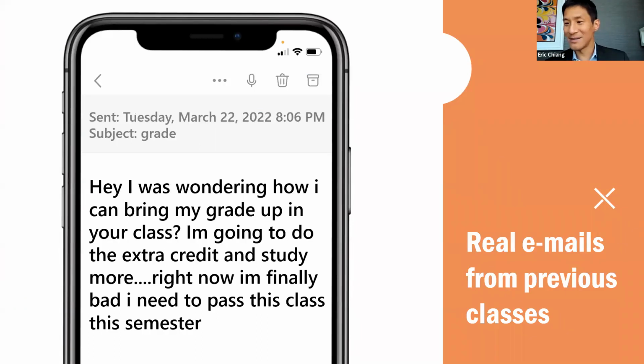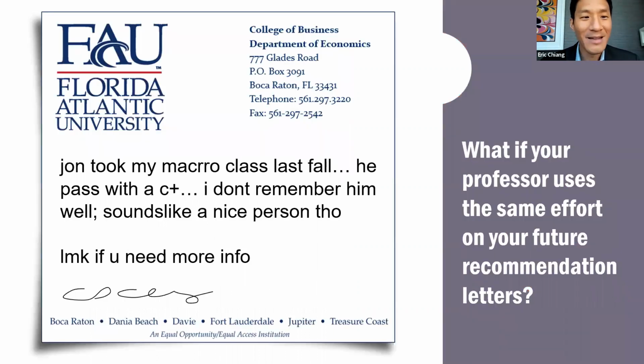Here's another one, poorly written, just students using their phones very quickly, like texting a response. And then I would get to the punchline. I would say, what would happen if your professor used the same amount of effort to write, for example, a recommendation letter? So this always gets a good laugh from students, but they really get it.